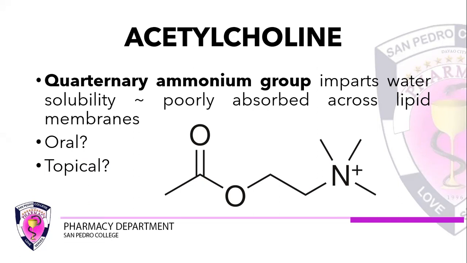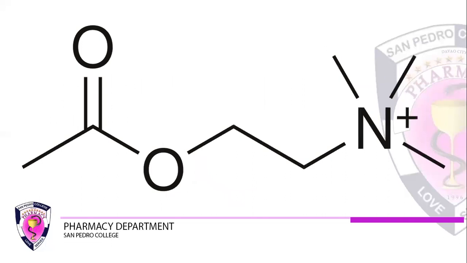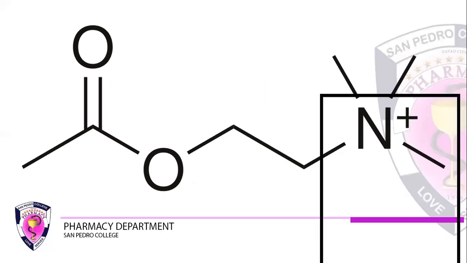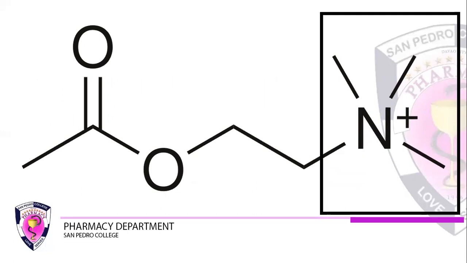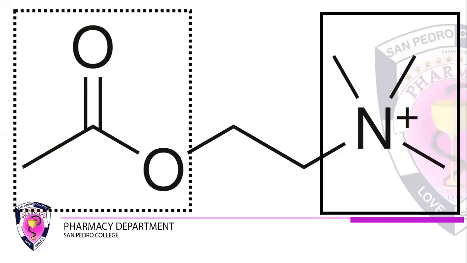So how were the different agonists, the muscarinic agonists related to the structure of acetylcholine, created? Now, they based it on the three domains, the three essential parts in the structure of acetylcholine. They checked the first one, the quaternary ammonium group; the second one, the acetoxy group; and the last one, the ethylene bridge.